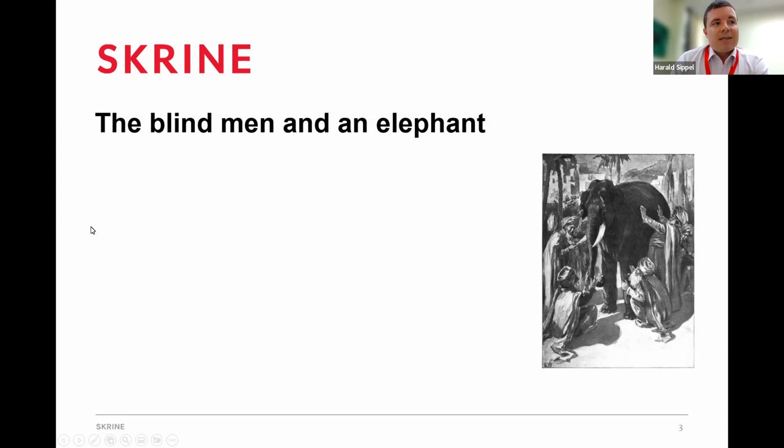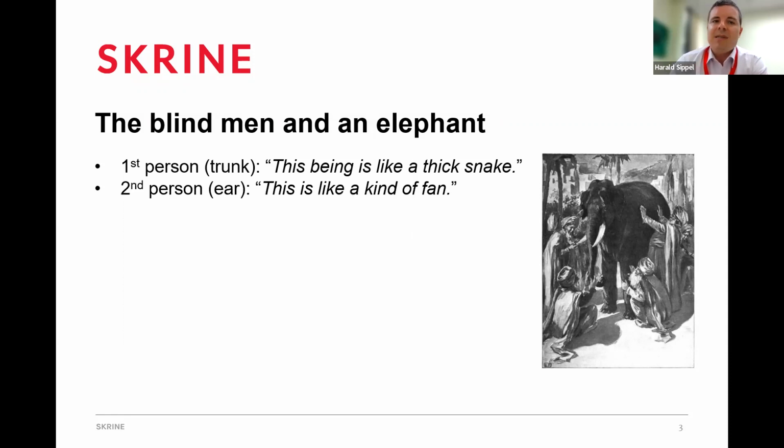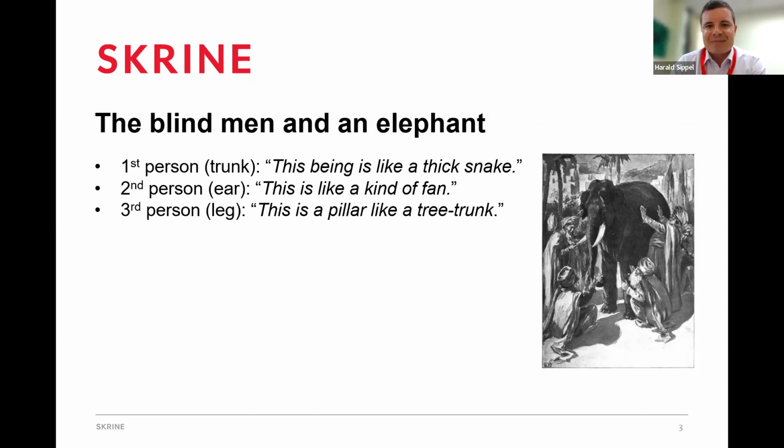So you can see on the picture here that there is an elephant and there are several men who touch the elephant, right? And these men are blind. So the first person touches the trunk of the elephant and says, this being, because he doesn't know it's an elephant, is like a thick snake. The second person touches the ears and says, oh, it's like a fan, like when you use palm leaves as a fan.